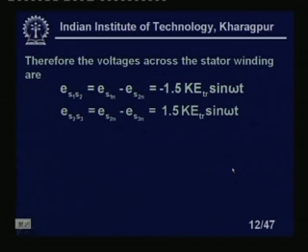ES2S3 equal to ES2N minus ES3N equal to 1.5 K ETR sin omega t. ES3S1 equal to ES3N minus ES1N. These two will be in phase, so this will be equal to 0. These are the different voltages we are getting.